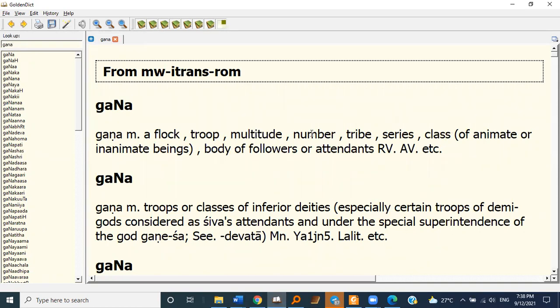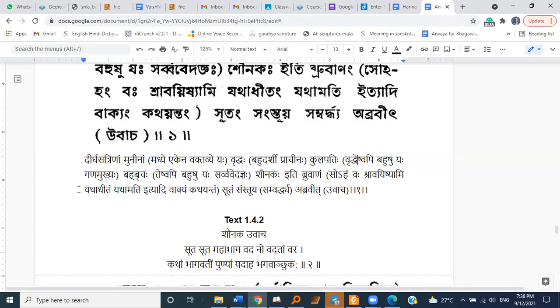So there were many groups, different gurus or different saints who came, so he was the head of such groups. Now there were many sages who were Gana Mukhya, who were like chiefs of their respective groups.